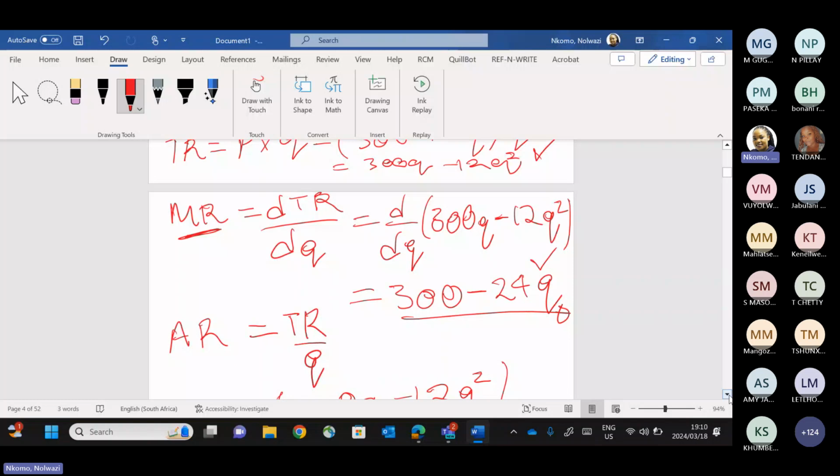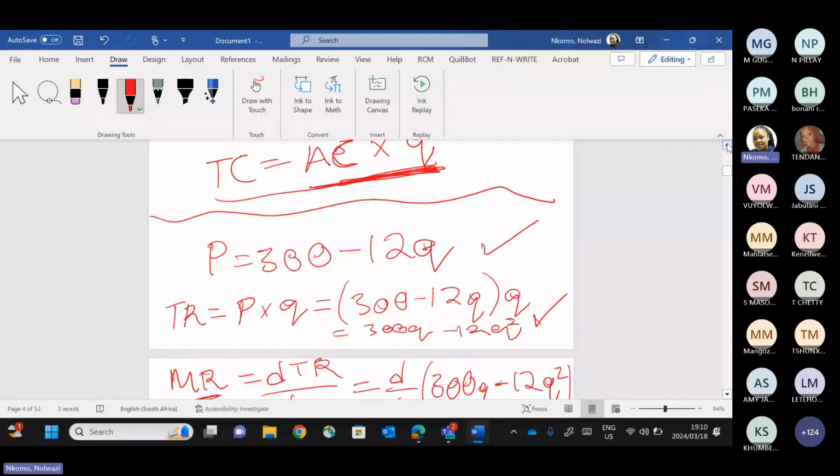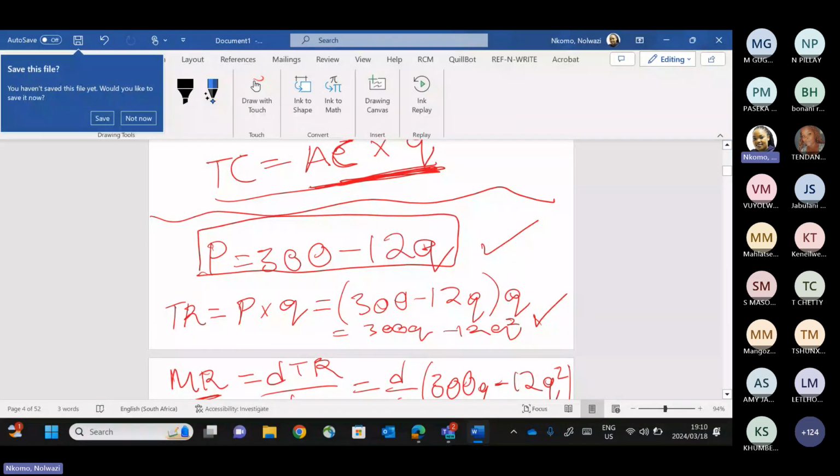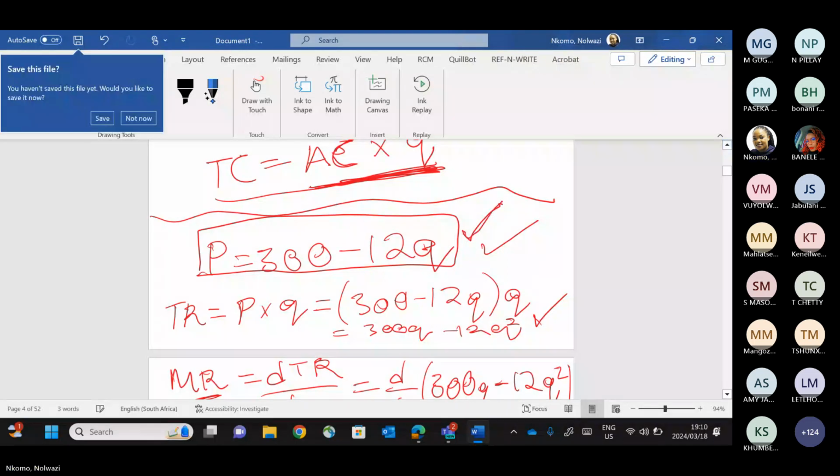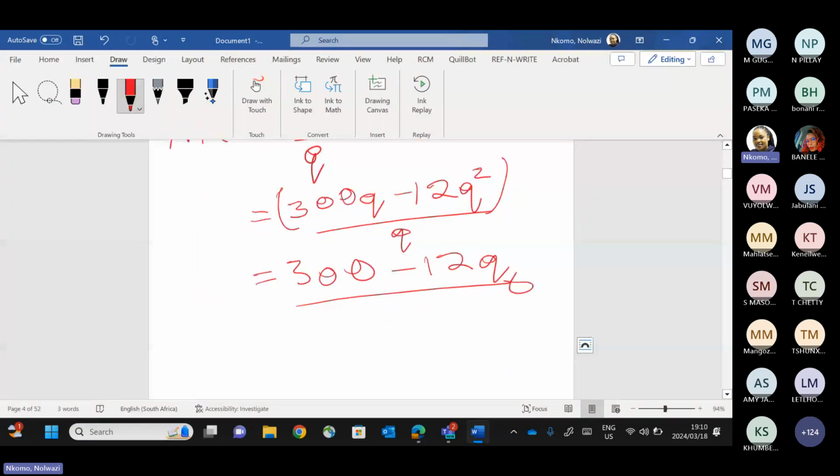Okay, guys, this is not how you are going to ask this question, right? Maybe they can just give you the demand function, and then they will ask, what is the marginal revenue of a demand function given as in this function? From a demand function you can find the total revenue. From a total revenue, you can find an average revenue, right?